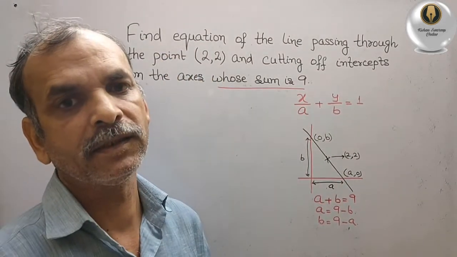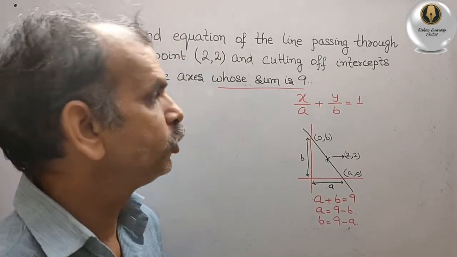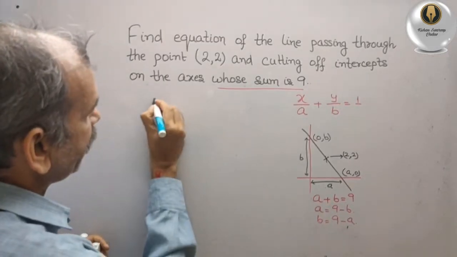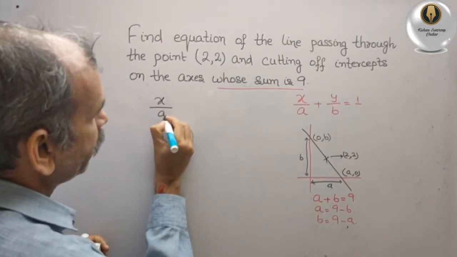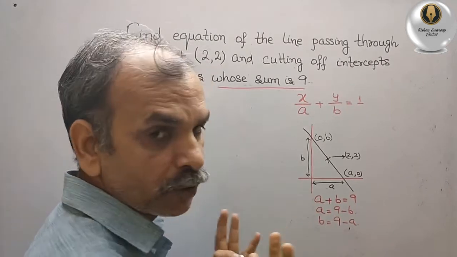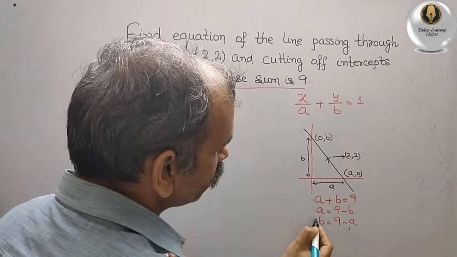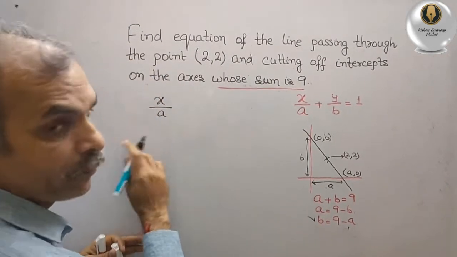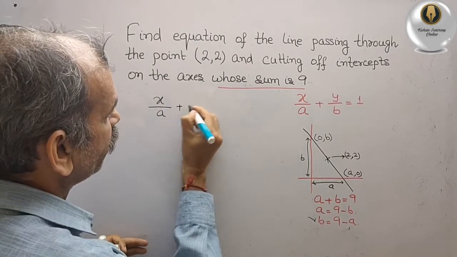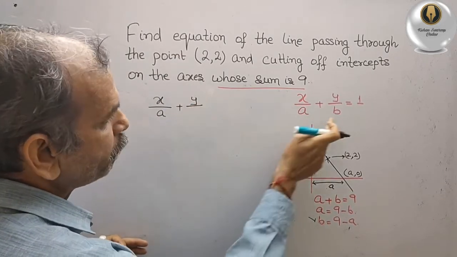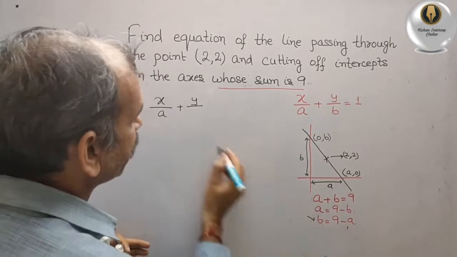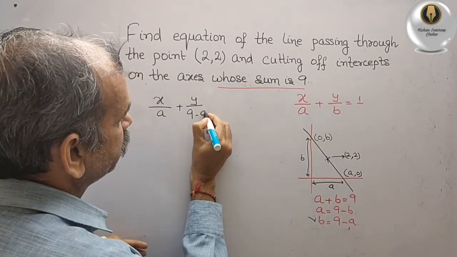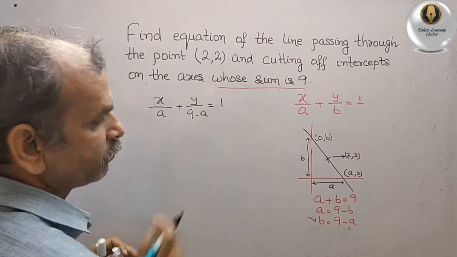Now, substitute these A and B values here. What will you get? You will get x/A + y/B. Only one value you have to substitute, any one. So we will substitute this value: B is 9 minus A, and that is equal to 1.